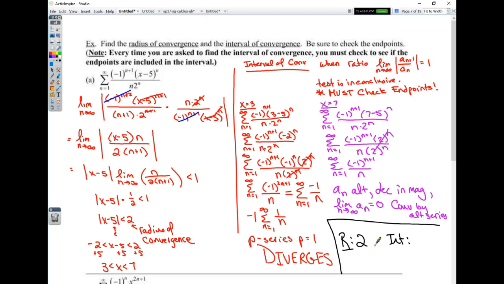What is my interval going to be? It should be 2 finite values.